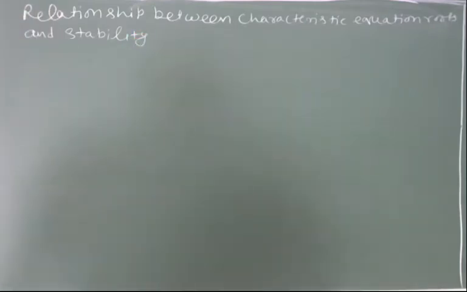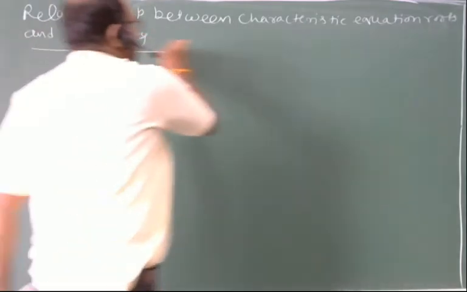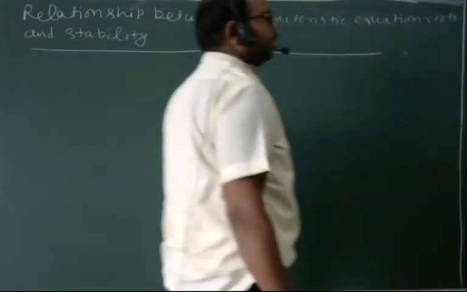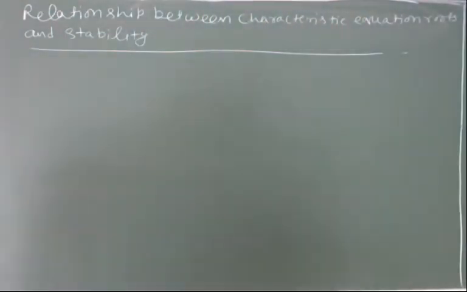What is the relation between characteristic equation roots and stability? Meaning, what will be the stability status on the basis of characteristic equation roots.